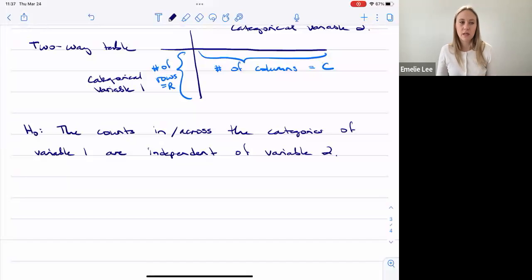I'm not going to talk about the categories so much, but they're in there, and it'll make more sense once we see an example.